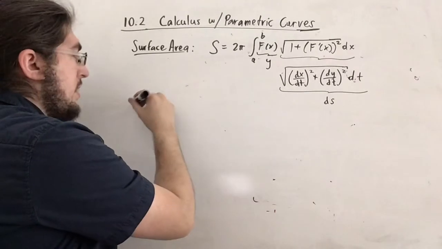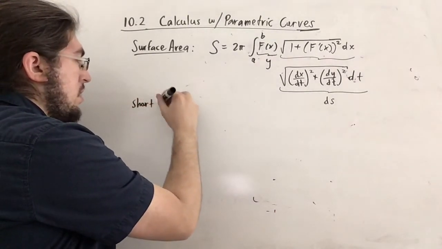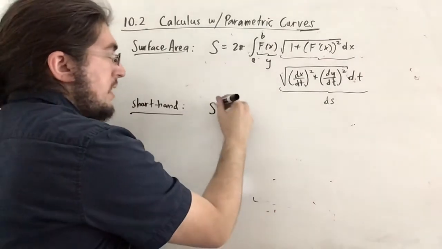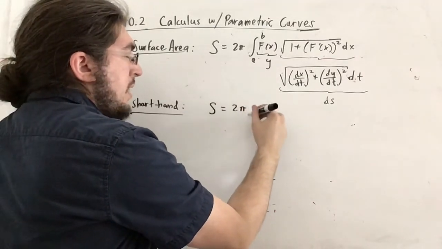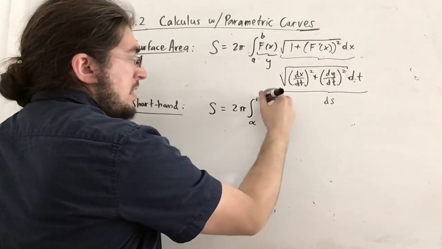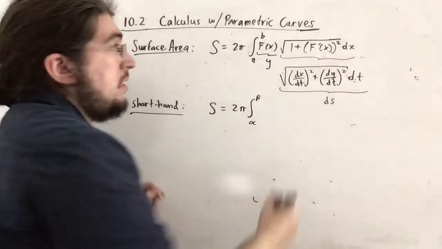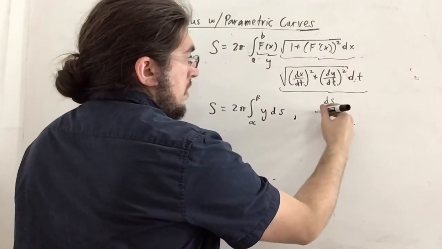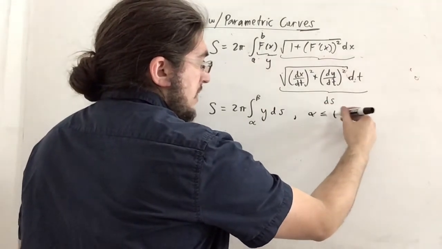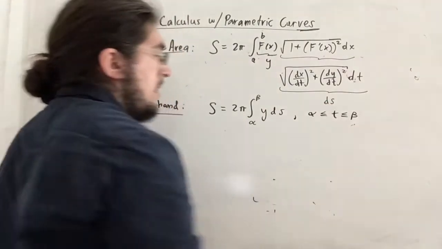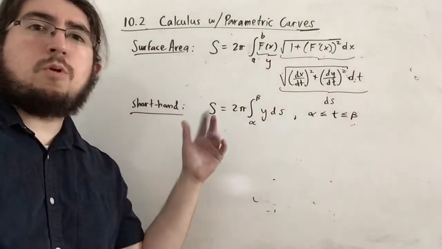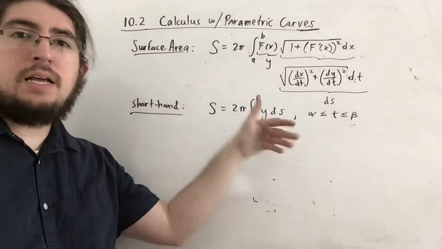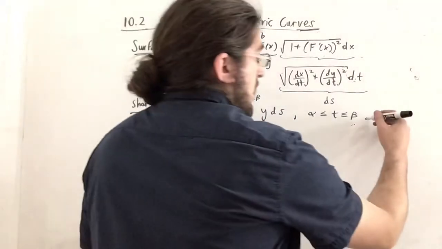So the shorthand for this formula is surface area is 2 pi times the integral from t equals alpha to t equals beta of y times ds, where alpha is less than t is less than or equal to beta. And this is for rotating the curve of y as a function of x about the x-axis.